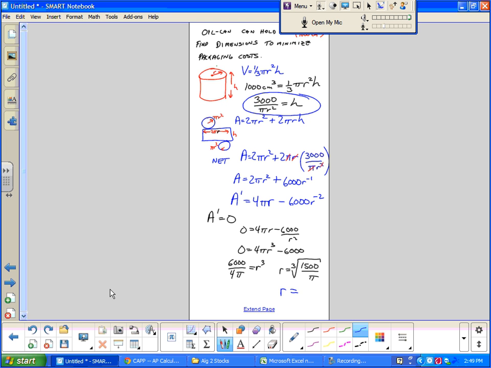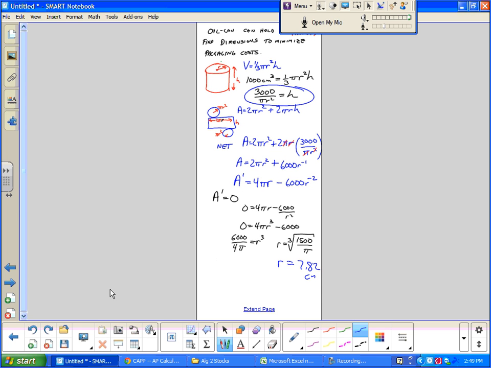Cube root of 1,500 divided by pi, I get 7.82 centimeters. All right, that's the radius of the can. If I want to find the height now, I can plug that back into the other equation. h equals 3,000 divided by pi times 7.82 squared.